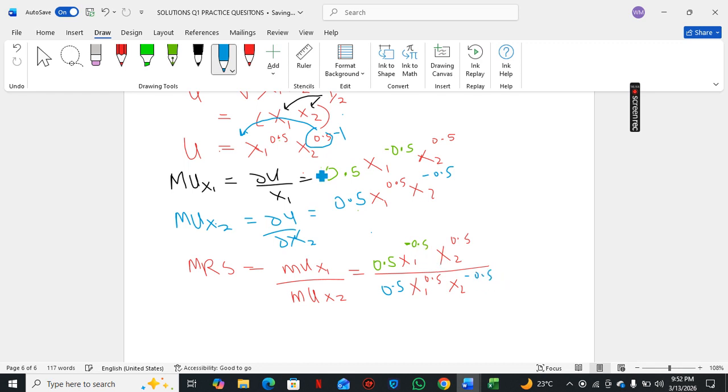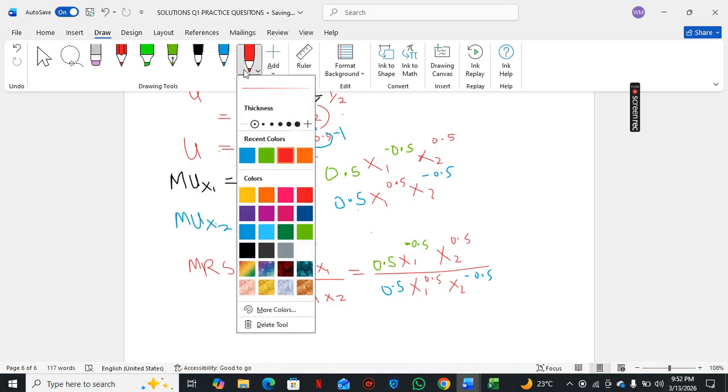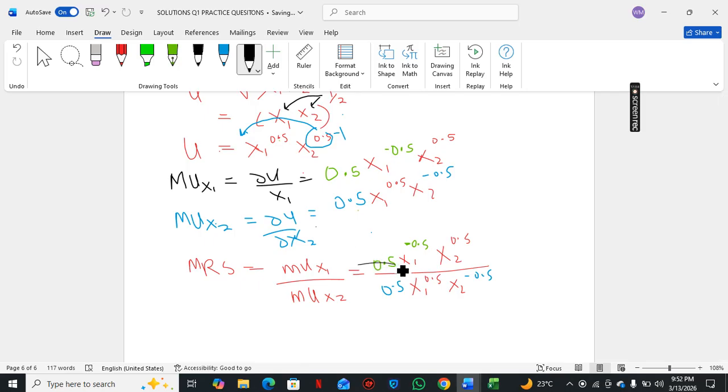So we simplify this. The 0.5s cancel each other out. So you're going to say x1 to the power negative 0.5 divided by x1 to the power 0.5.